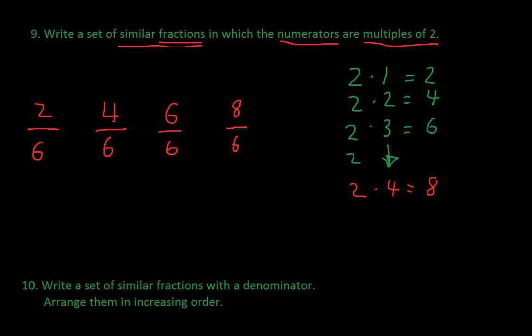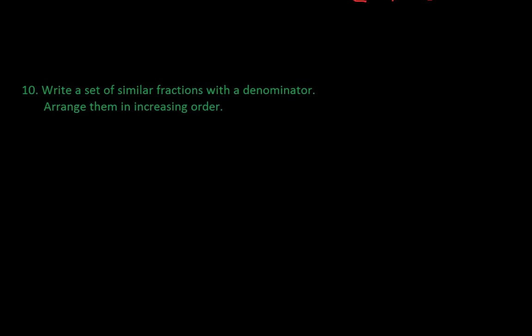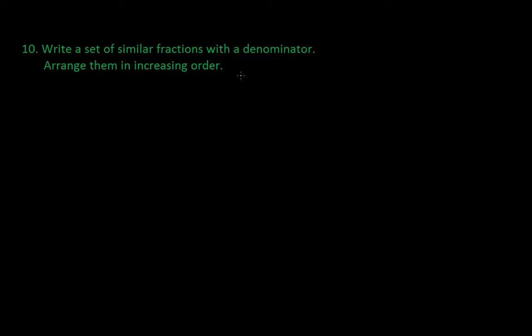So let's keep going and take a look at the next question. So number 10, write a set of similar fractions, so we know that just means the denominator is the same, with a denominator, and arrange them in increasing order. So okay, that sounds fine. So let's choose a denominator.